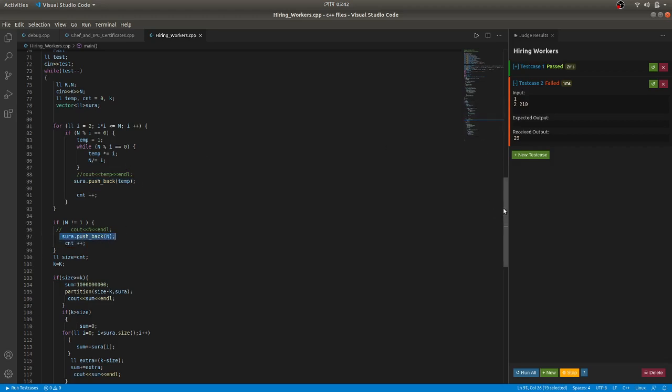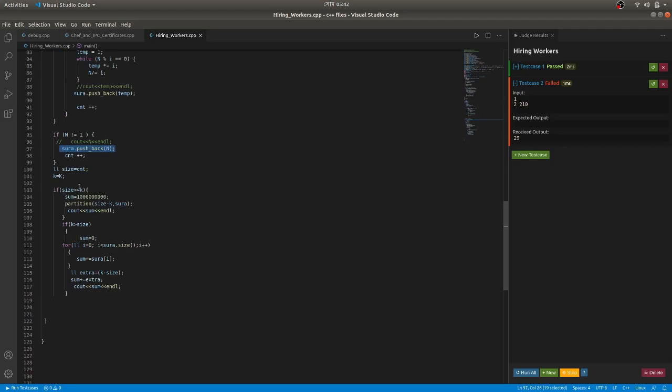After prime factorization, I check if the size is greater or equal to k. If size is greater or equal to k, I call some partition to find the smallest sum and then output it. If k is greater than size, then I take the sum and see what's the extra remaining part, and I take them as 1, so I add it to sum and print the sum.